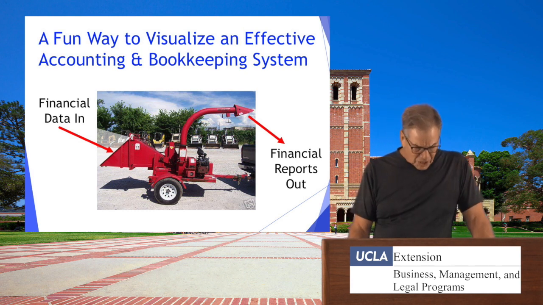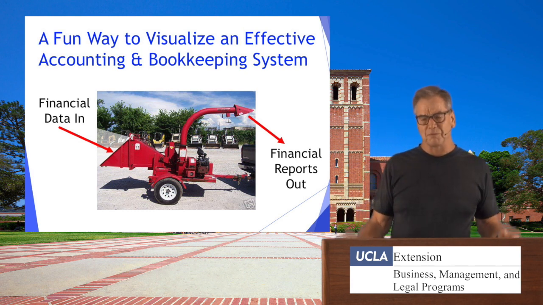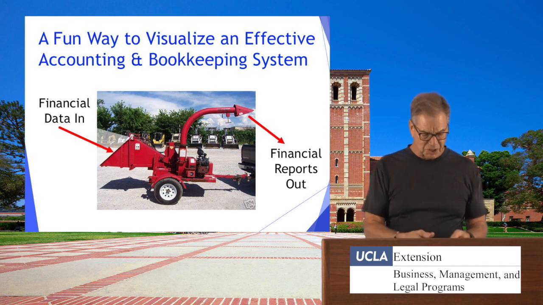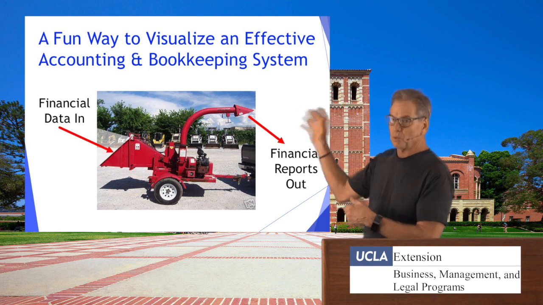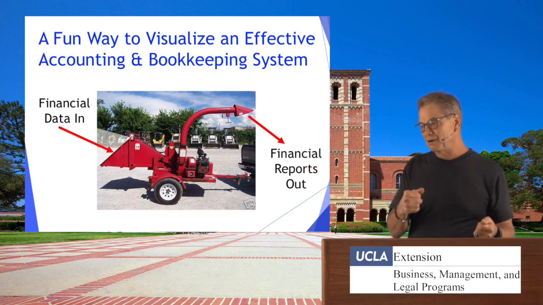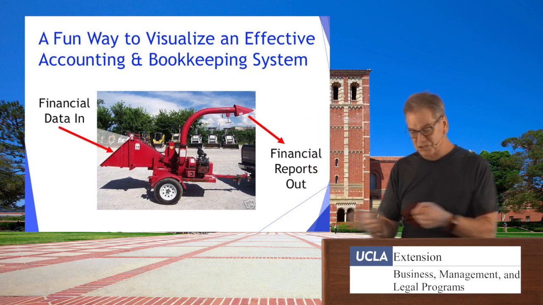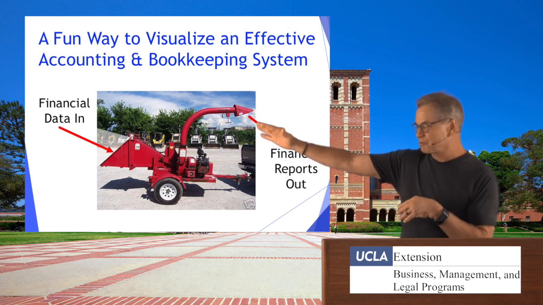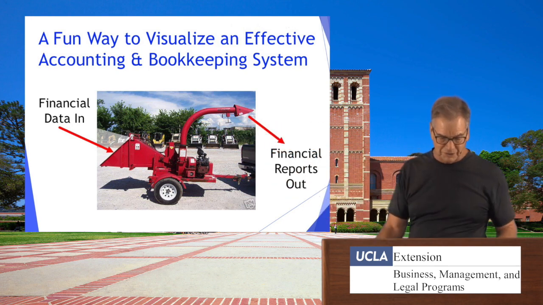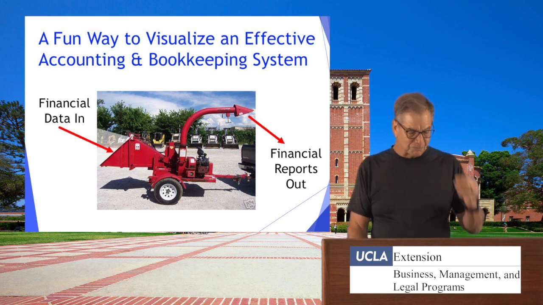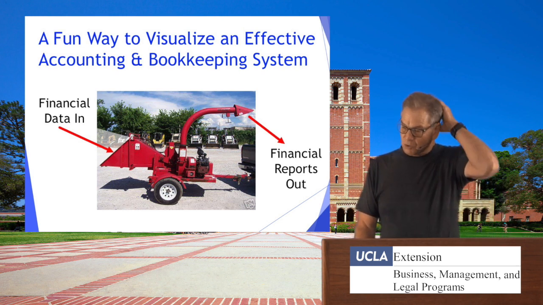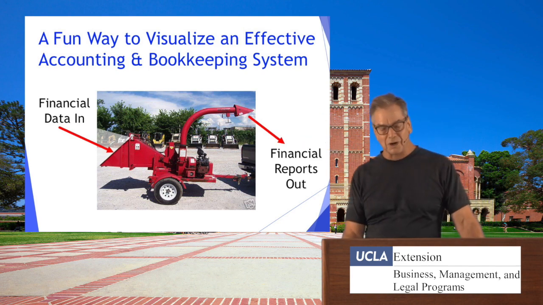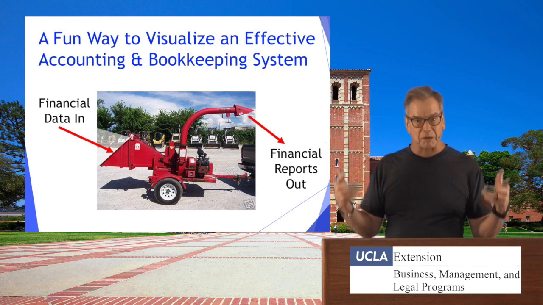If you've ever seen it, this is a wood chipper. People who trim trees put the branches in one side, and wood chips shoot out into the truck on the other end. The red wood chipping machine is your QuickBooks.